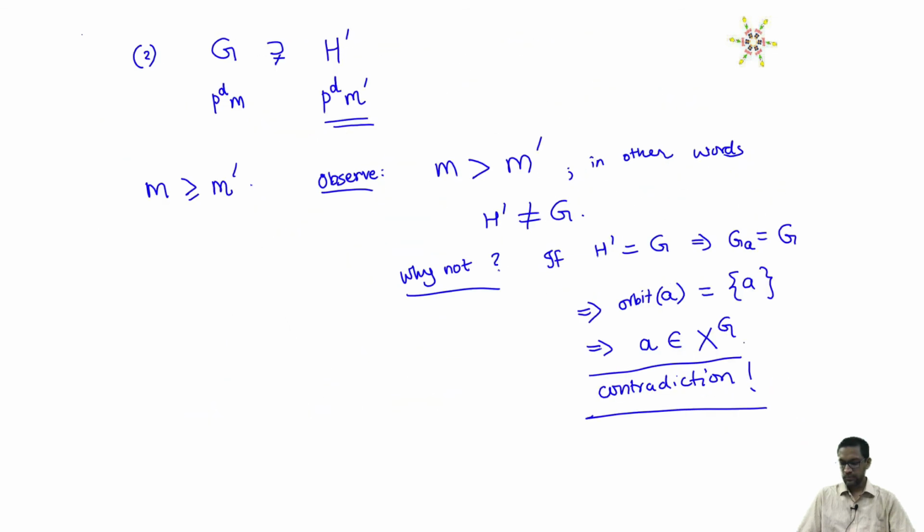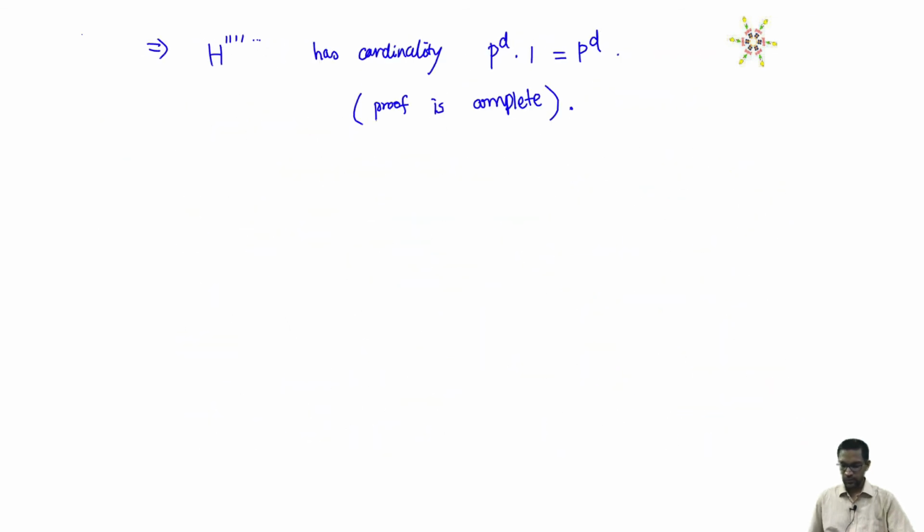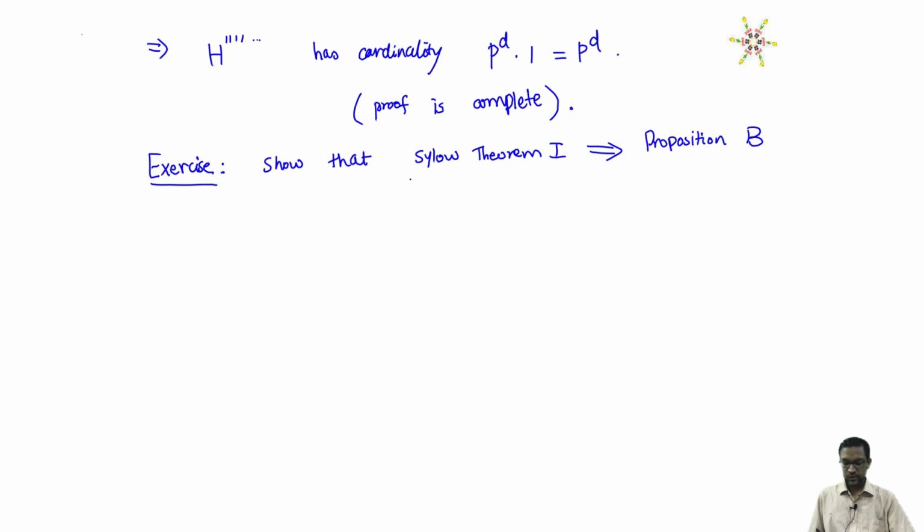I'm going to leave this as an exercise for you, but please do try this exercise. Show that Sylow Theorem I implies the statement of proposition B. Assume this statement and prove the other statement.